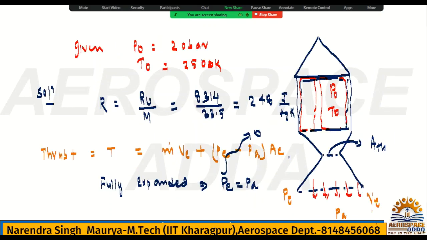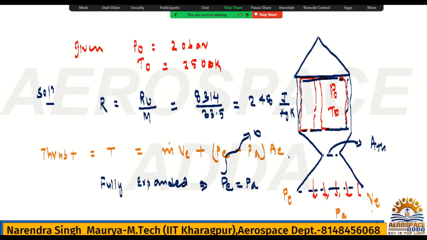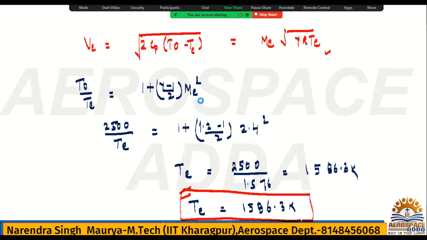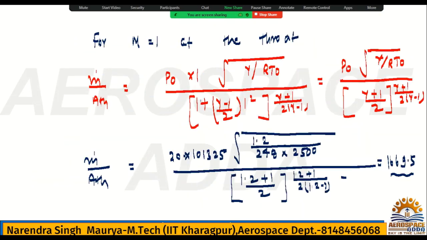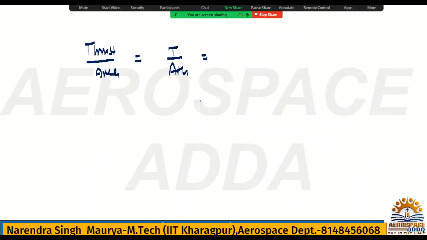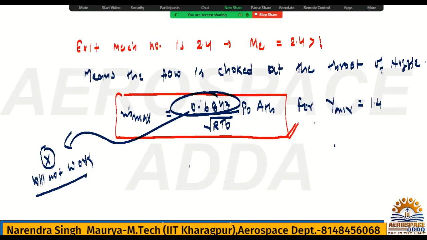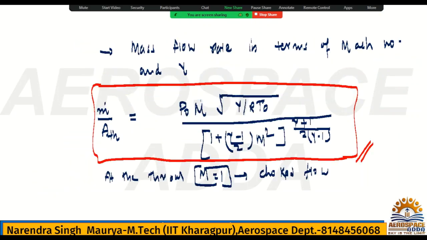Check here, the thrust per unit area will be mass flow rate per unit area into exit velocity, right? So if you use this formula, the exit velocity you have already calculated. What is the exit velocity you had calculated here? It was 1649.